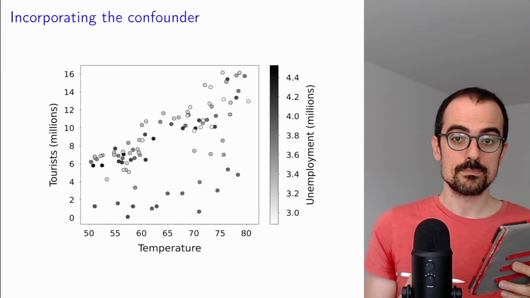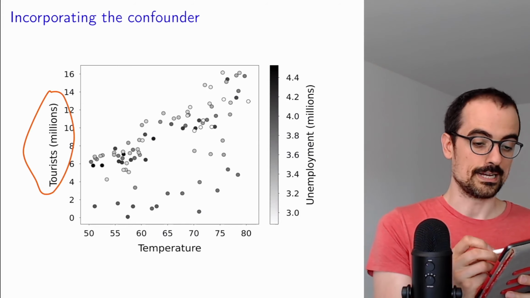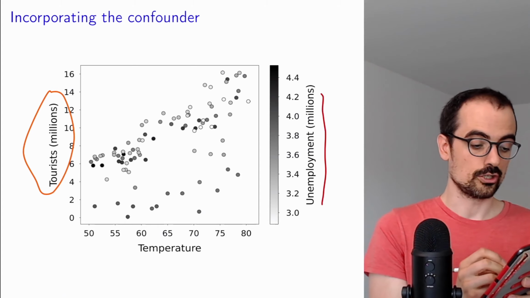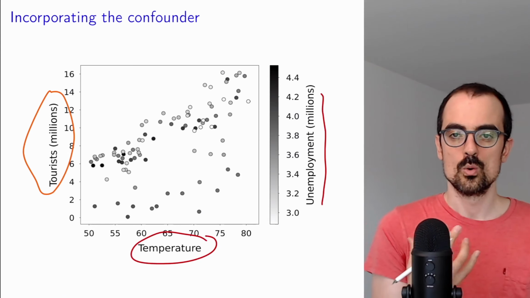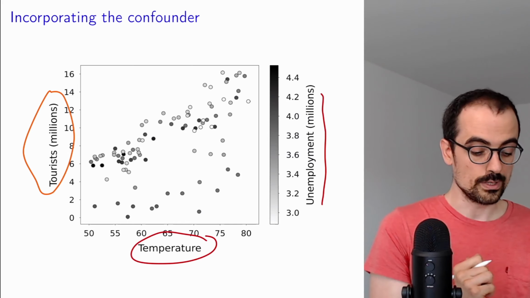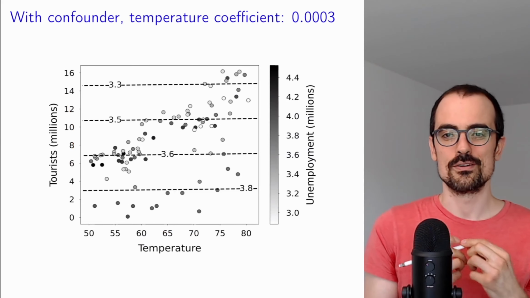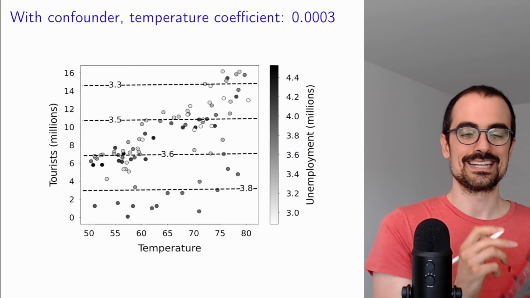So in our example, we want to incorporate tourists. So now we're showing unemployment color-coded in this way as a function of both temperature and tourists. And now we fit a linear model where the features are both temperature and tourists. And when we do that, suddenly the coefficient corresponding to the temperature becomes extremely tiny, and it's actually positive.